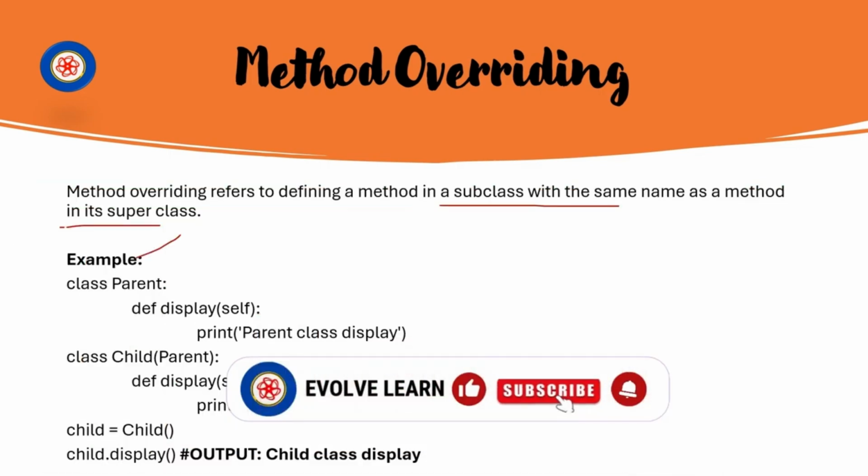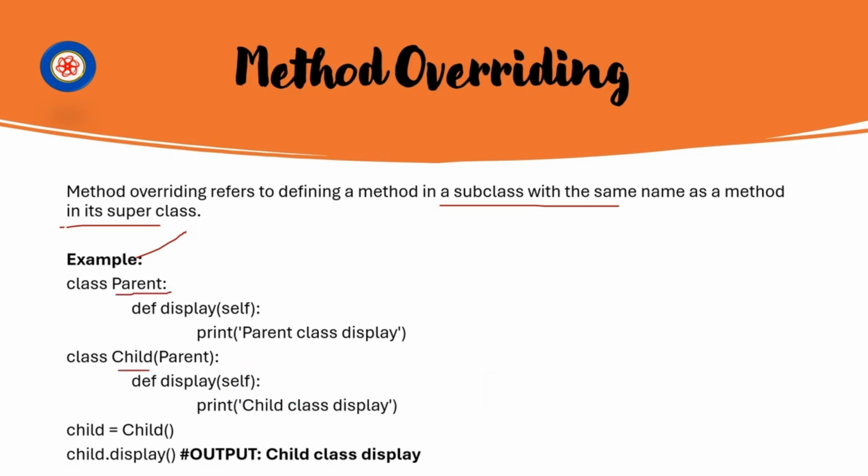Coming to this example, Parent is the superclass and Child is the subclass. As per this definition, a method in a subclass has the same name as a method in its superclass and also has the same parameters as the one in the superclass.